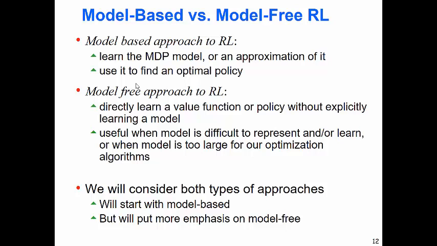A model-free method, if it bypasses all that, should only need memory that's proportional to the number of states, linear in the number of states as opposed to the square. So all this is just to say that theoretically, when people are analyzing these and asking whether there is a formal property for a model-free algorithm, they characterize model-free by whether it's linear or quadratic in its memory usage in the state space.